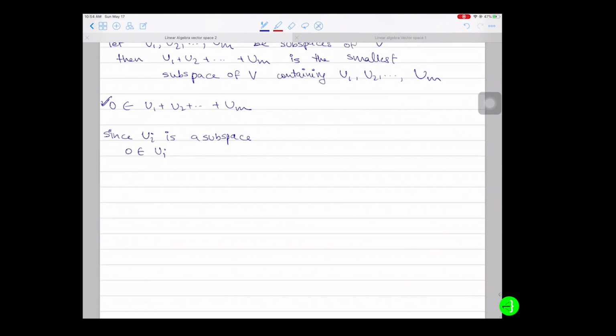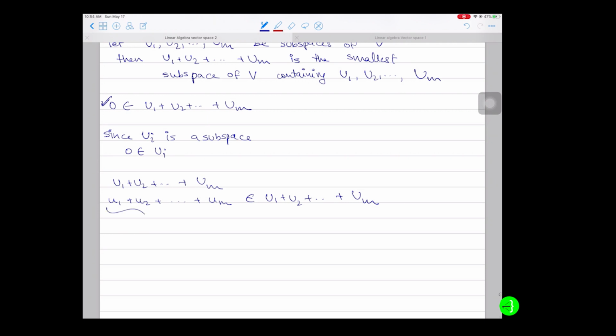And we can also clearly verify that it is closed under addition and scalar multiplication. If we take an element from each of these sets, we know that it will be a part of the sum, the way the sum is defined, that it is the possible sum of each element.